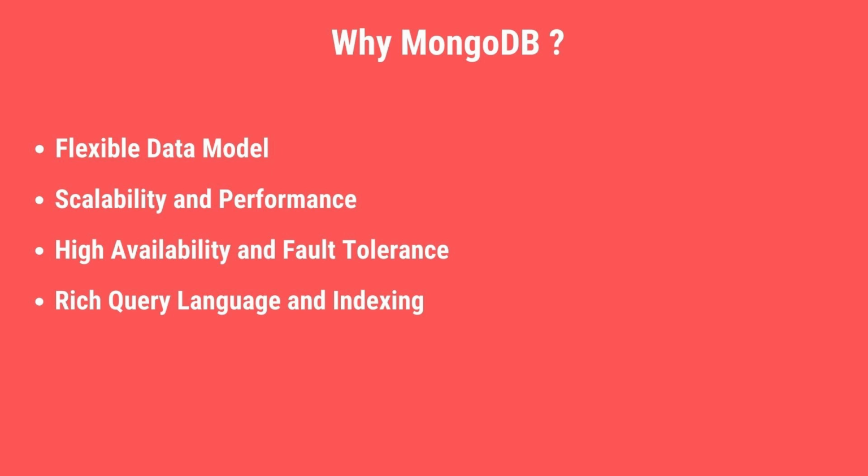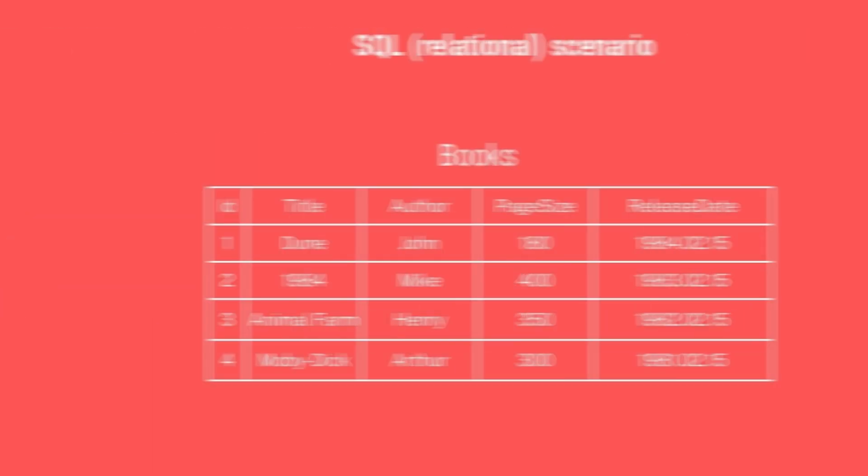Rich query language and indexing. MongoDB supports a powerful query language with rich functionality, including ad hoc queries, aggregation, and geospatial queries. Additionally, it offers flexible indexing options to optimize query performance and improve data access efficiency.